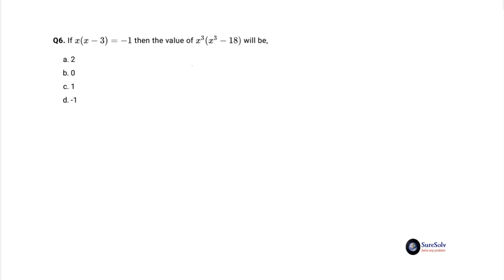straight away. To get x cube multiplied by x minus 3 whole cube equal to minus 1. We'll expand x minus 3 whole cube in a compact form.